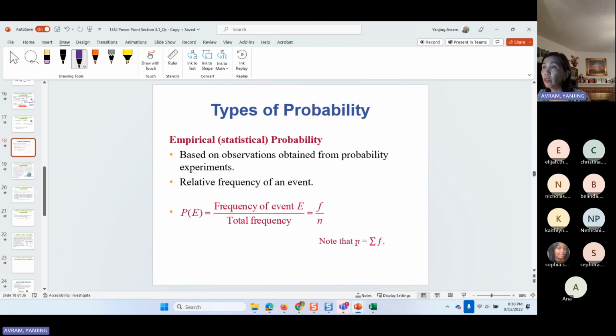The total frequency n is also equal to the sum of the frequencies. This is called the total, or in our word earlier, the sample space. We just learned a new word called sample space. The sample space is the total of whatever you have here.